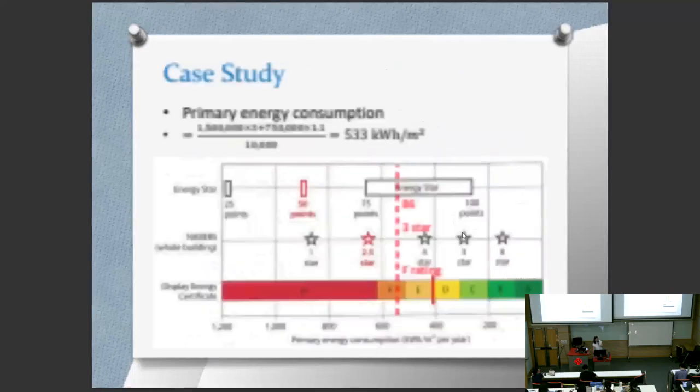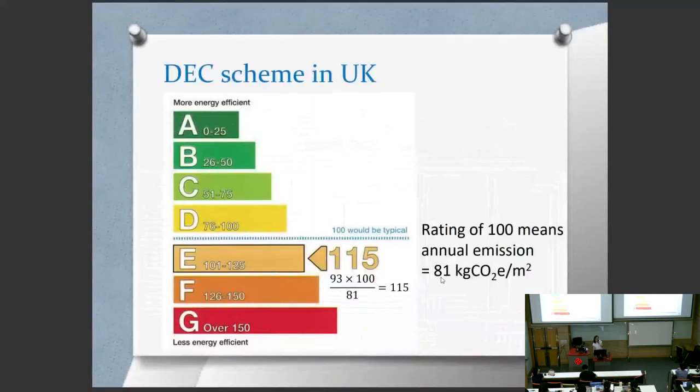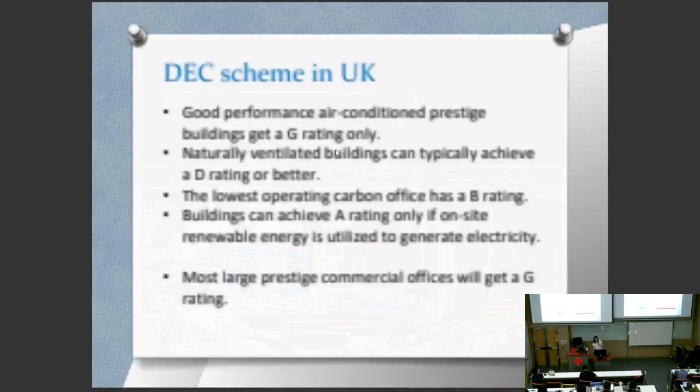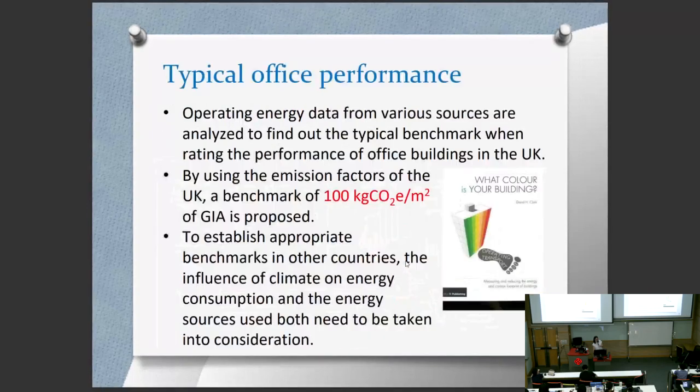Earlier the benchmark was 81 kg of carbon dioxide equivalent, and this is according to the DEC scheme. It is too strict compared to the US scheme or the Australia scheme. So that's why the author proposed using 100 instead, not 81.